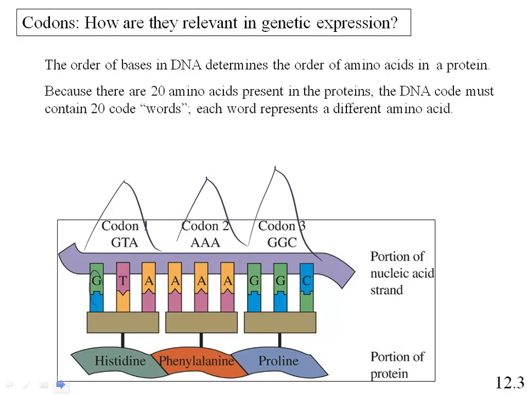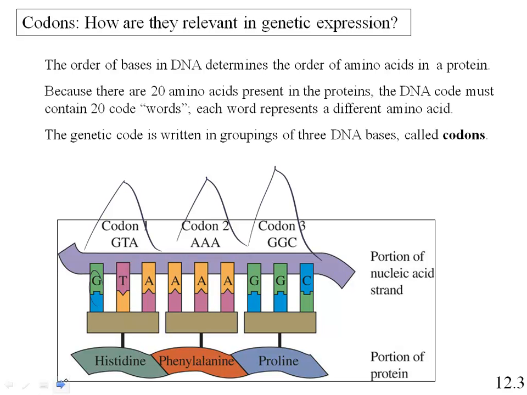So the order of the bases in DNA determines the order of the amino acids in a protein. There are 20 amino acids present in the proteins. The DNA code must contain 20 code words. Each word represents a different amino acid. Okay, groupings of 3 DNA bases, codons.